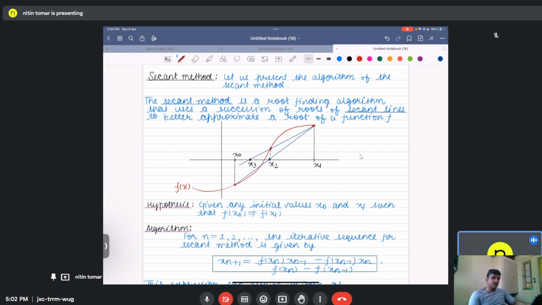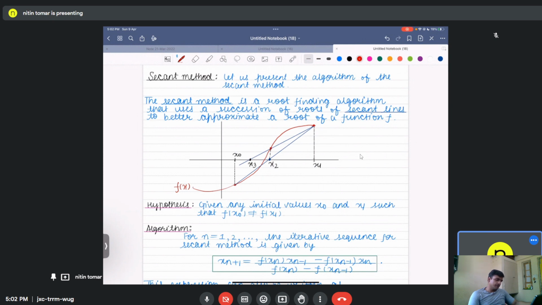If there is an error at some stage, and if any computation involves that particular value, the error will be propagated. So we don't want that. So always less computations are better. So you have to choose a method. For example, for a given function, you can apply secant method or Newton method. Then you have to choose which method will be better.